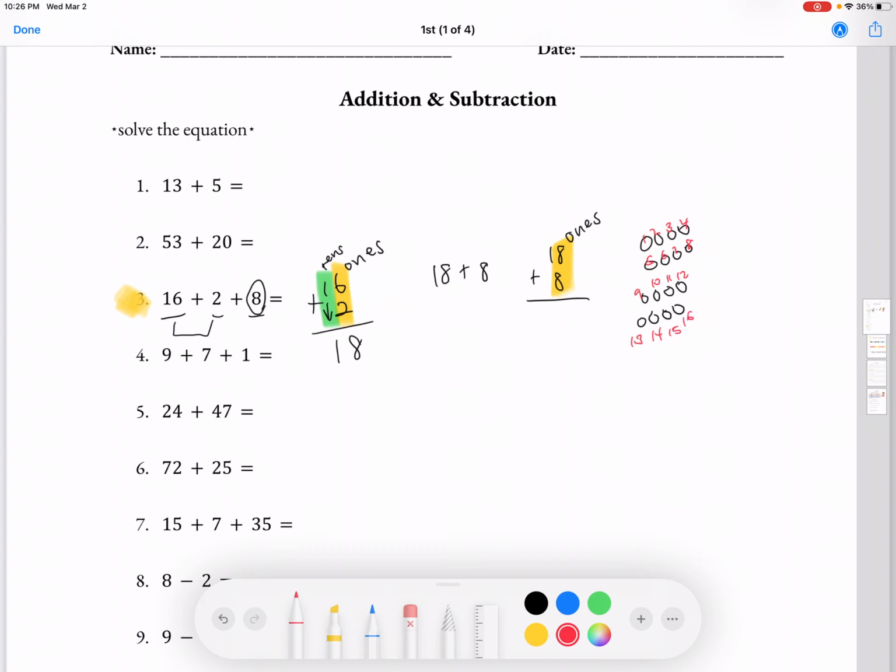So our answer for the ones place is going to be 16, and we're going to carry the 1, and then we're going to add the tens, which is 1 plus 1, and 1 plus 1 we know is 2, so our answer for number 3 is 26.